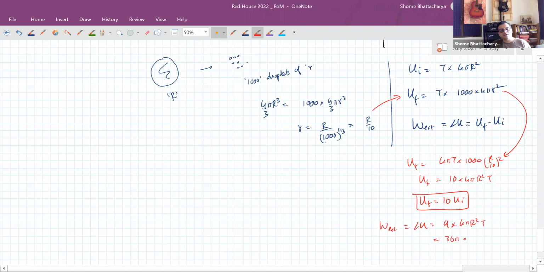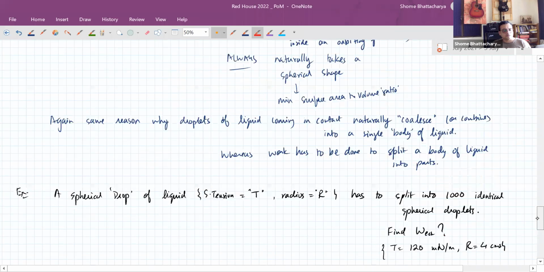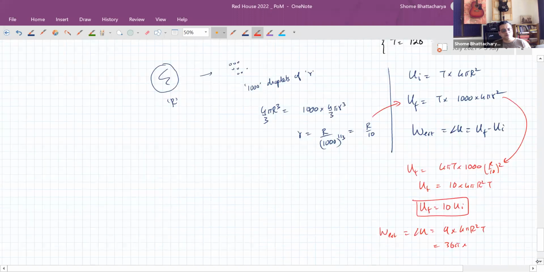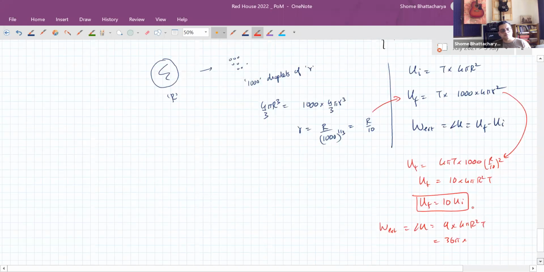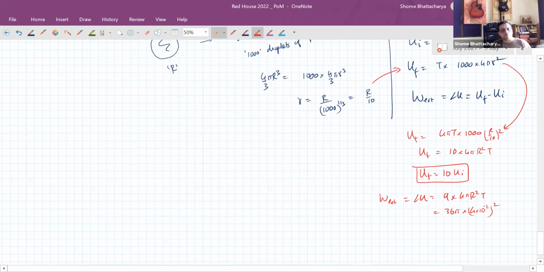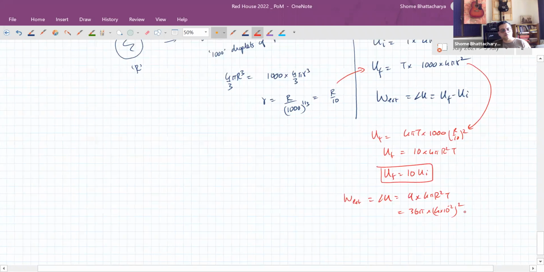So 36 pi into what was the radius? 4 centimeters, and surface tension was 120 millinewtons per meter, so we'll have to convert it.